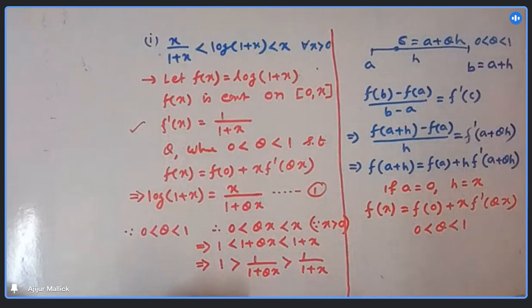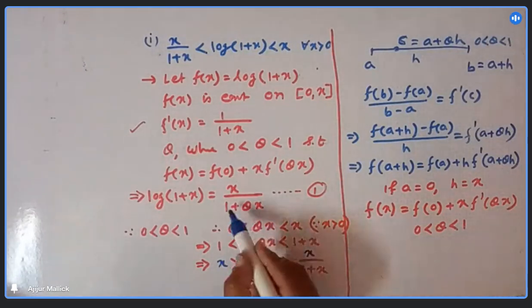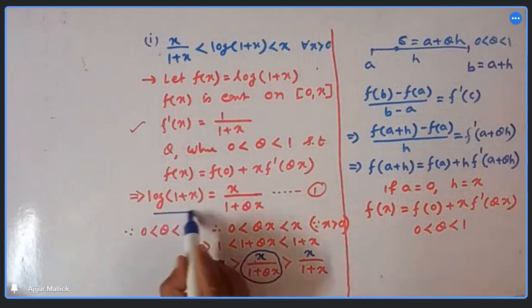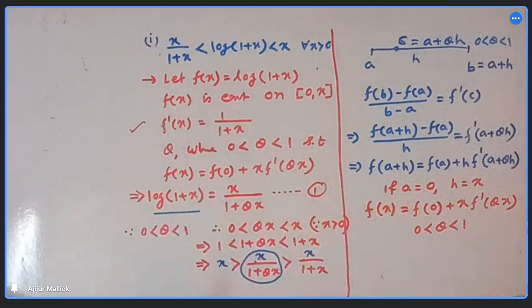And in the next step, multiply by x. So what are we getting? Write in the next line: it will become x, then x by 1 plus theta x, then x divided by 1 plus x. And here actually this value is log of 1 plus x.